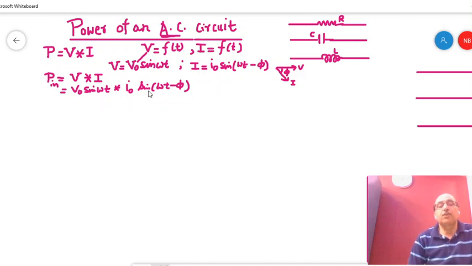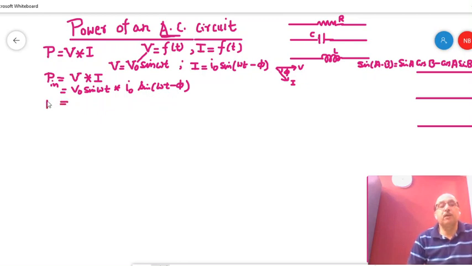Here we have sine omega t minus phi. It is in the form of sine A minus B in trigonometrical equation. We know sine A minus B is equal to sine A cos B minus cos A sine B. So we may open this one, angle values.